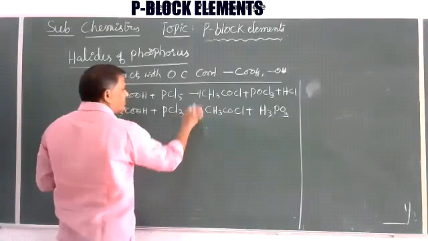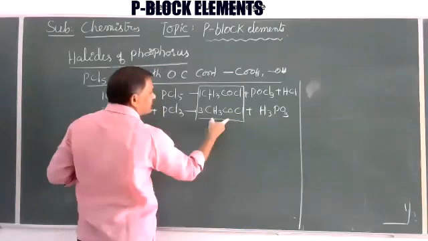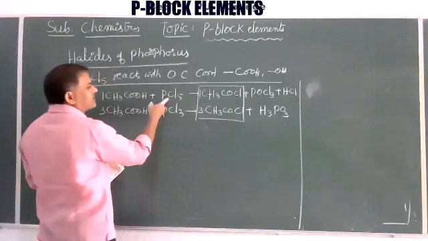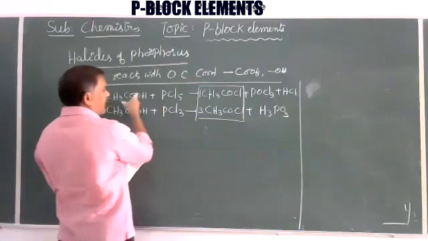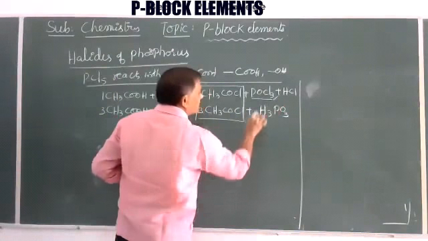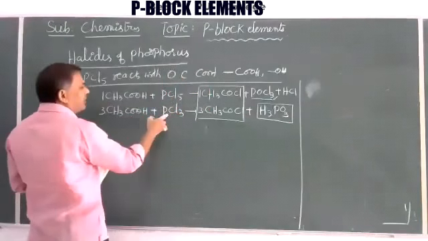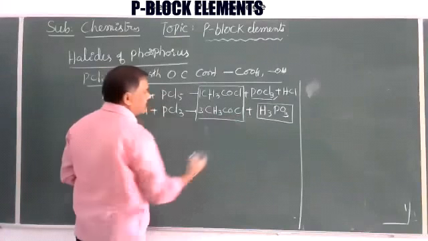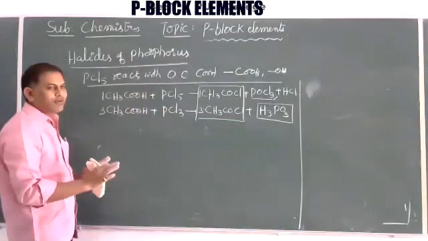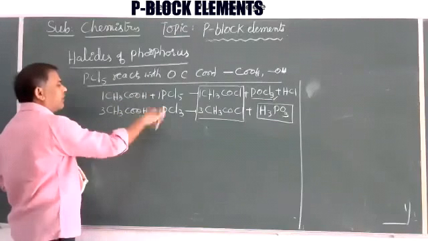In both cases the product is the same, acetyl chloride. When it is reacted with PCl5, the same organic compound gives phosphorus oxychloride as byproduct, whereas in case of PCl3 it gives phosphorous acid. That is the difference.